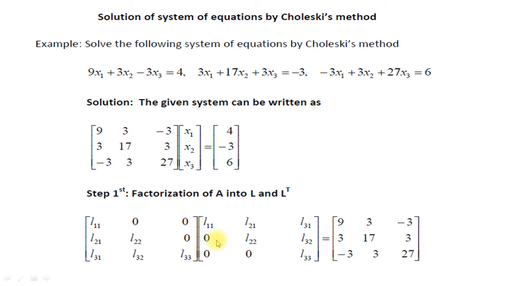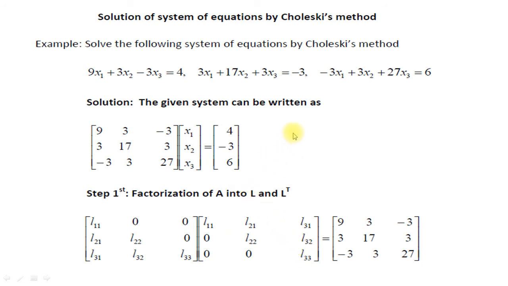In the Doolittle method, the diagonal entries of the lower triangular matrix are 1, 1, 1, and in the upper triangular matrix the diagonal entries will be unknown. Similarly, in the Crout's method, the diagonal entries of the lower triangular matrix will be unknown, and the diagonal entries of the upper triangular matrix will be 1, 1 and 1.